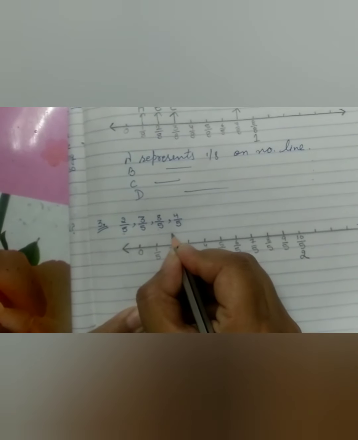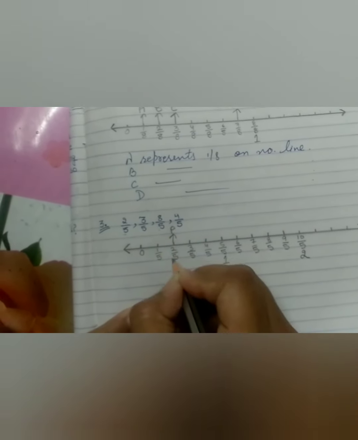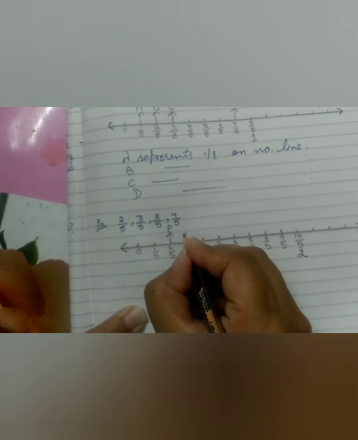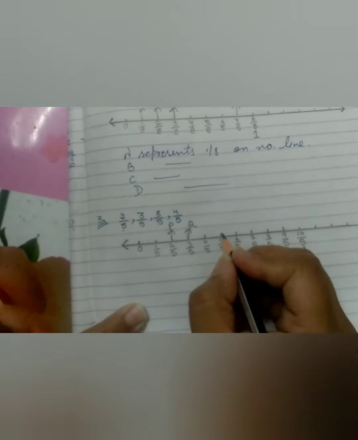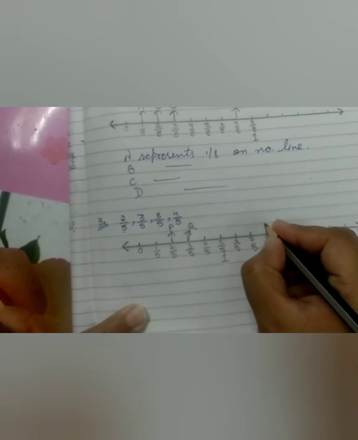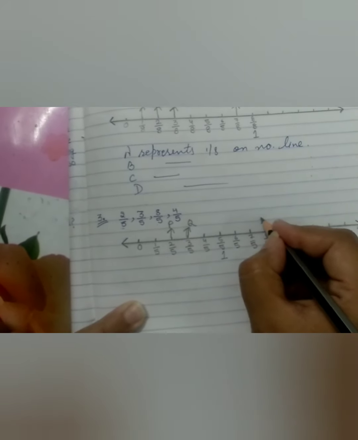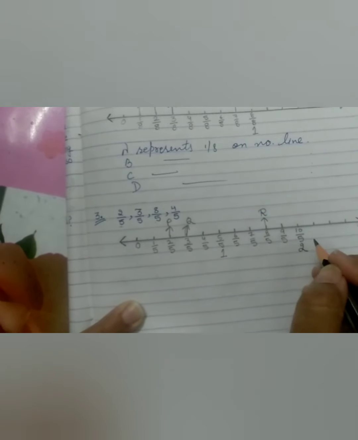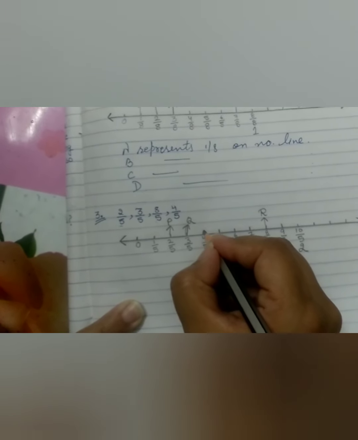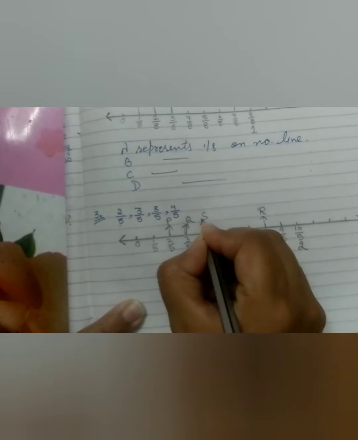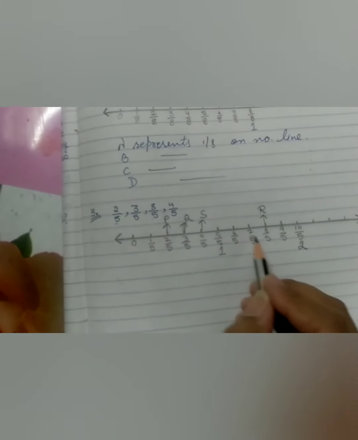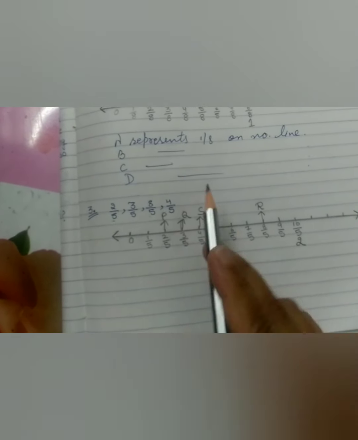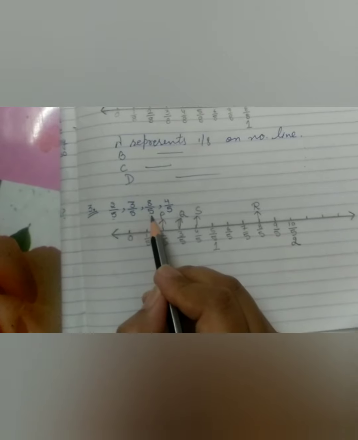So you can write down here P represents 2 upon 5. R represents 8 by 5 and S is representing 4 by 5. So now you can see that 8 by 5 was an improper fraction because the numerator was bigger than the denominator.